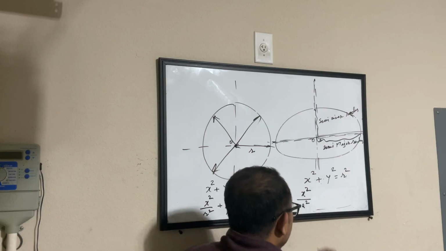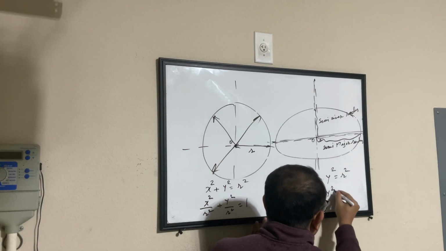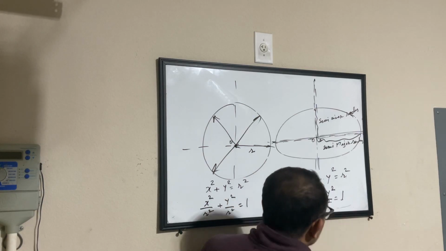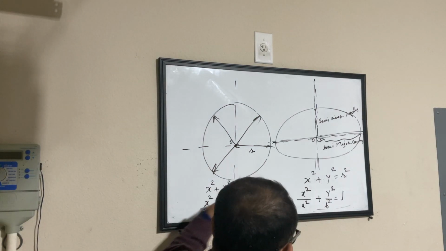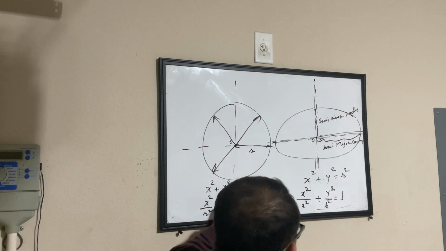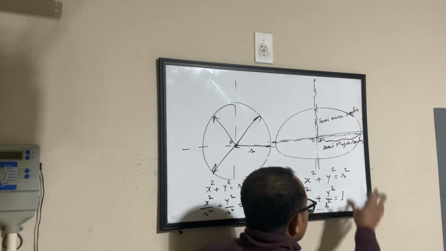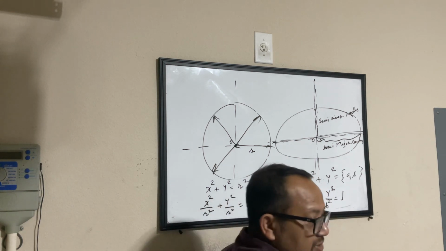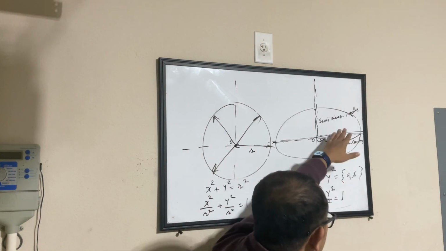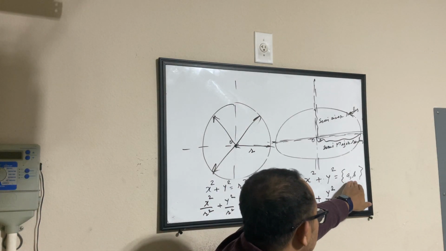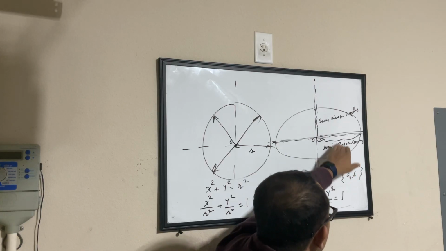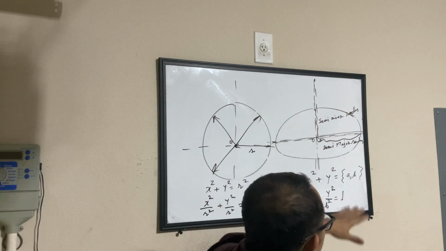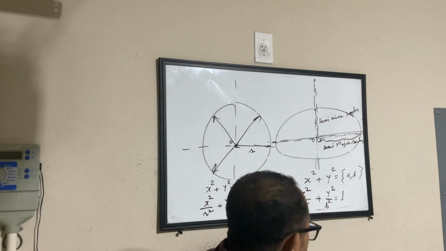This will be x square by a square plus y square by b square equal to 1, where this is b. If you do a side by side comparison, here you had one radius, here you have two radius, a and b. Let's call them major radius and minor radius; strictly it's semi-major axis and semi-minor axis, but we'll just call it major radius and minor radius for the sake of simplicity.